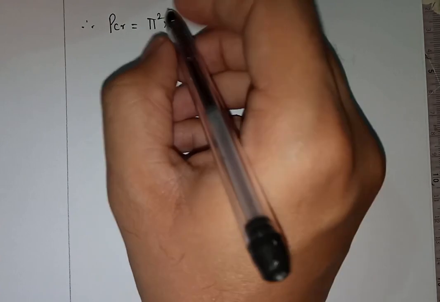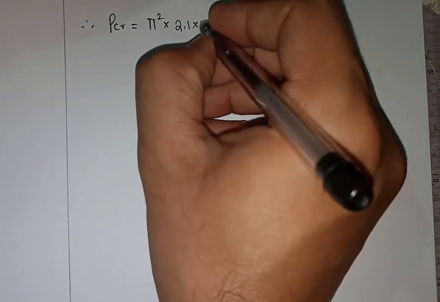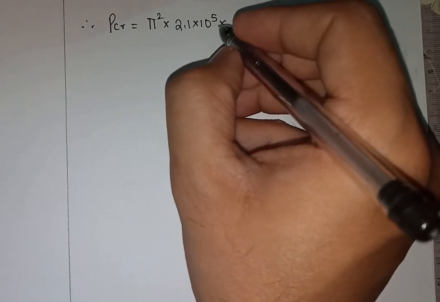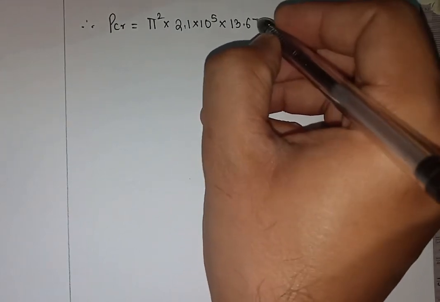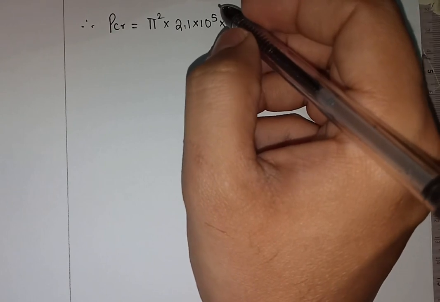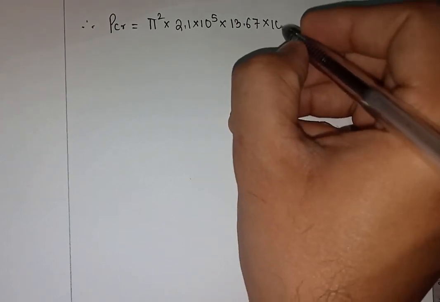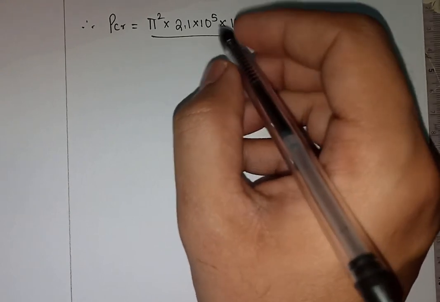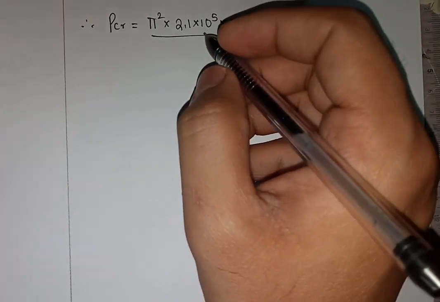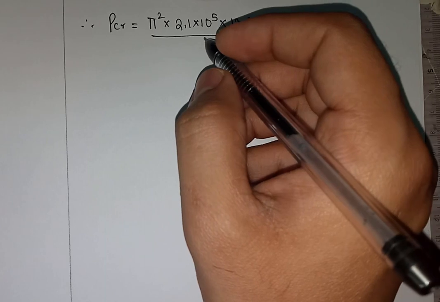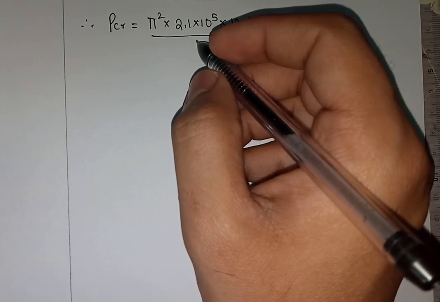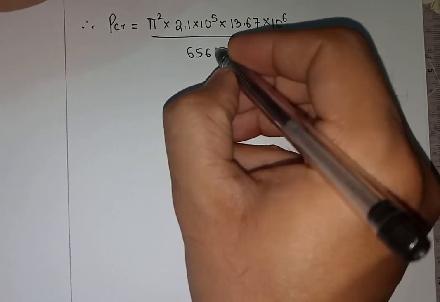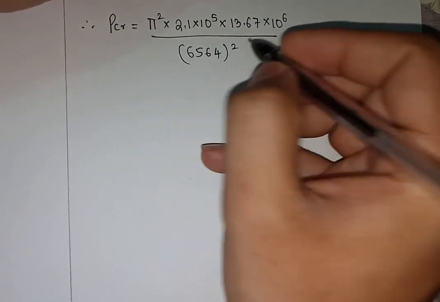All the values. Therefore, PCR is equal to pi square. Value of E is 2.1 into 10 raised to 5. I minimum is 13.67 into 10 raised to 6. L effective square is 6564 the whole square.